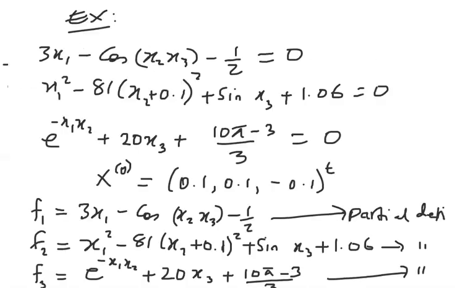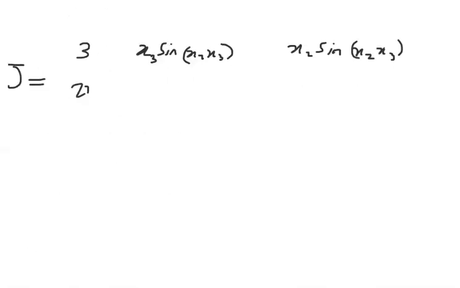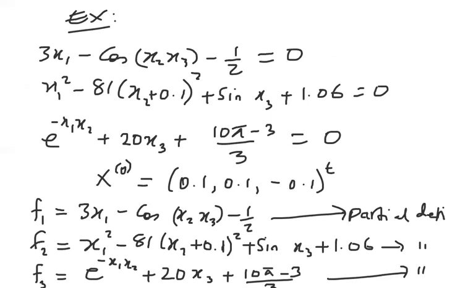f2. I'll differentiate f2 with respect to x1, x2, and x3. So with respect to x1, I can see that this will just give me 2x1. Okay, so this will just give me 2x1. When I differentiate with respect to x2, if I look at this function, then this and that will be zeros.